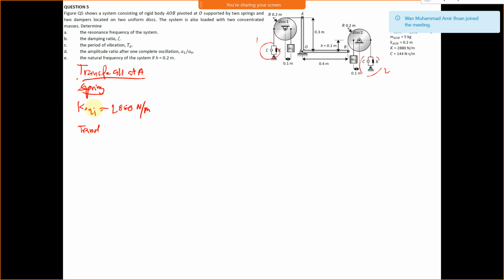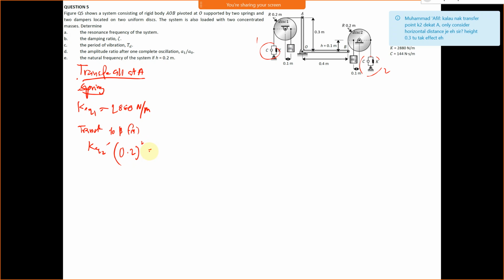Alright, so for K2, kita akan ada K equivalent 2 prime. Alright, K equivalent 2 prime equals K times with 0.2 square.